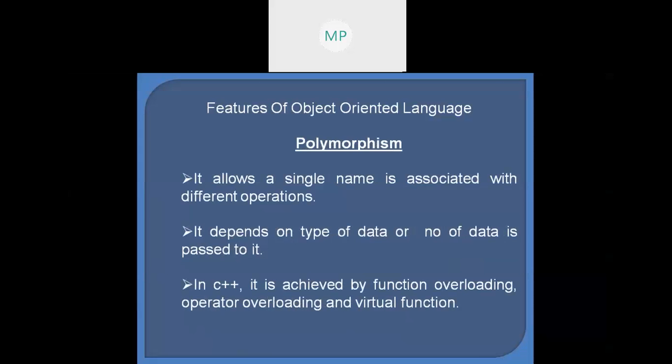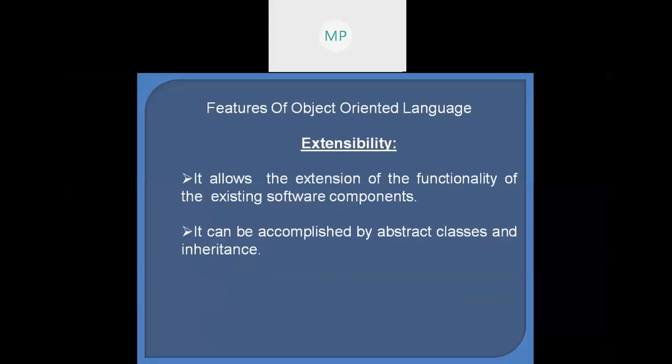Polymorphism is differentiated by two parameters: first the type of arguments, and second the number of arguments we pass. It does not depend upon the return type of the function or method. In C++, it is achieved by function overloading. We will see what function overloading is, what operator overloading is, what a virtual function is, and so on, in the next lecture.